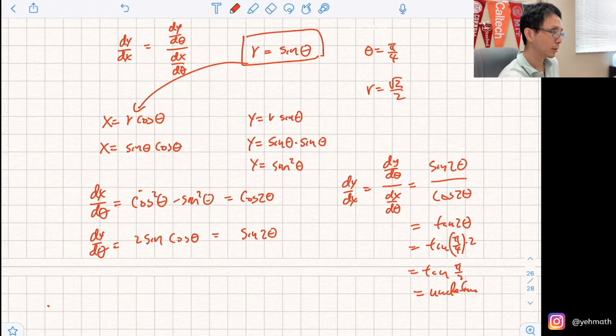Not fast enough. Okay. 11 is E. Number 12 is C. 13 and 14 both E.